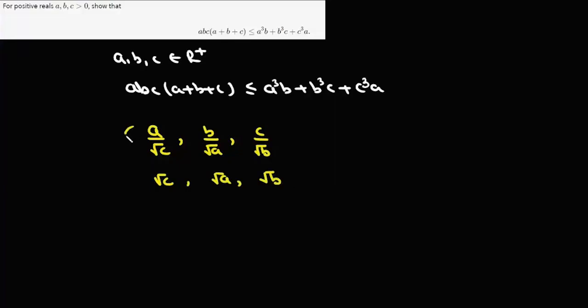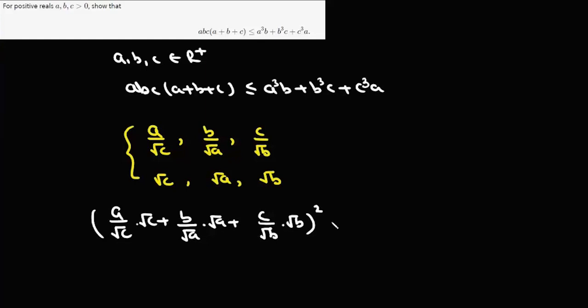Now using Cauchy-Schwarz inequality on this, we can write (a upon root c into root c + b upon root a into root a + c upon root b into root b) whole square will be less than or equal to (a square upon c + b square upon a + c square upon b) into (a + b + c).